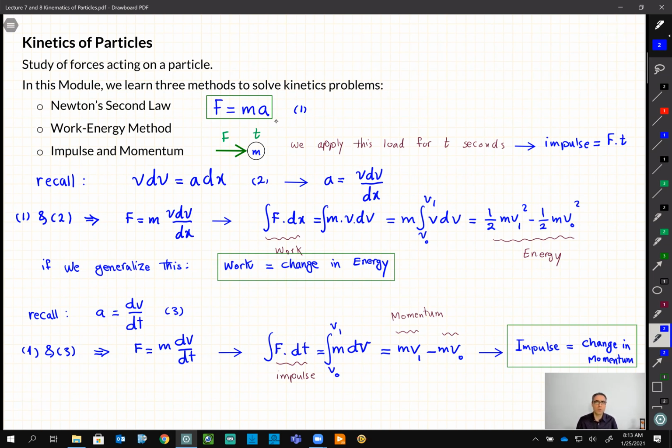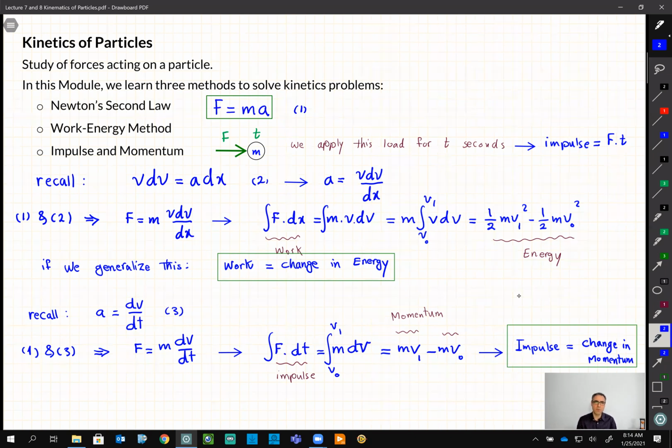You apply a load and move the object a certain distance. So you have done some work, F multiplied by displacement, F multiplied by dx. And what you're creating is change in energy, like kinetic energy in this case, and we have the conservation of energy. Work is equal to change in energy. So you see, they are all connected.